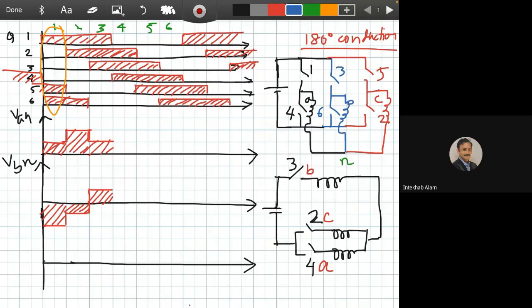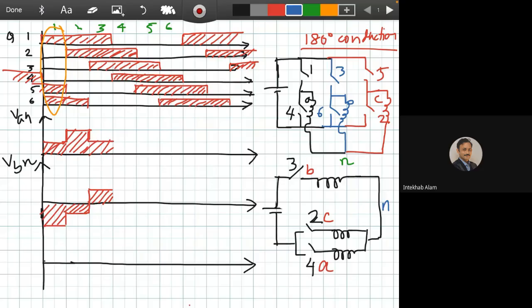Here is the neutral. For the first time you can see that AN is now negative. Is it okay?